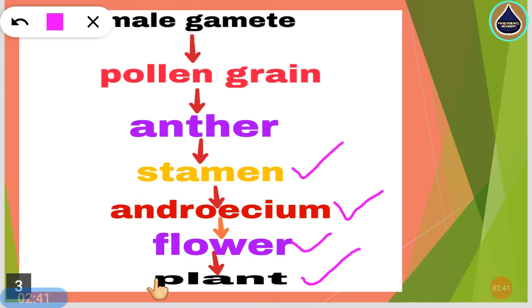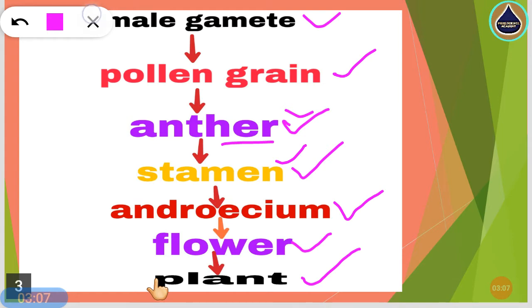The stamen possesses three parts. The uppermost part of the stamen is called the anther, then the filament, and the connective is also there. In the anther there is a pollen grain, and in the pollen grain the formation of the male gamete takes place.